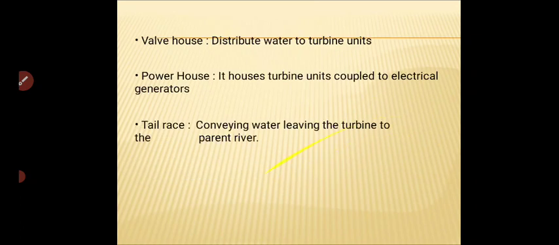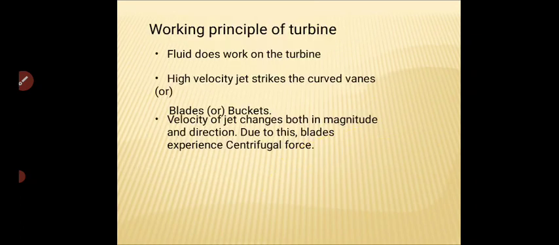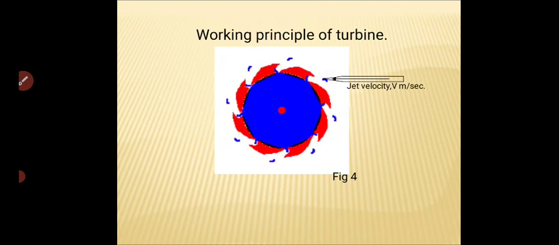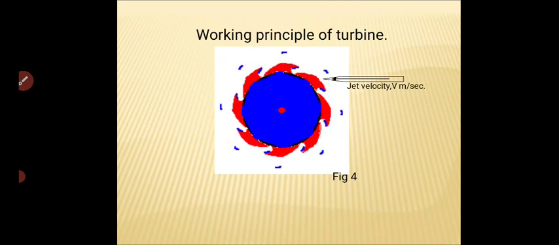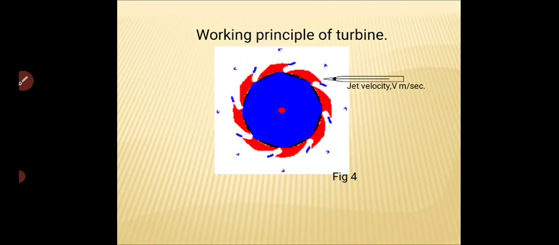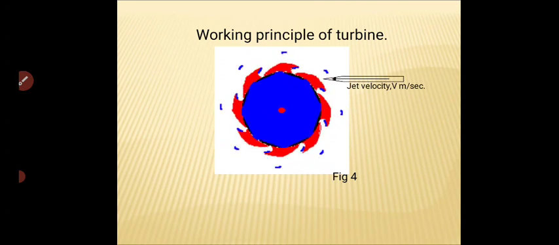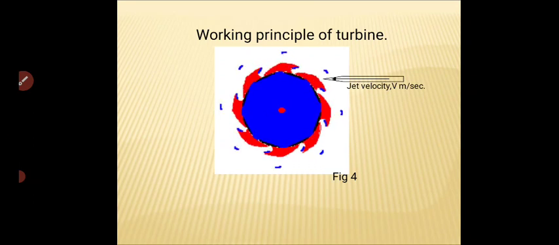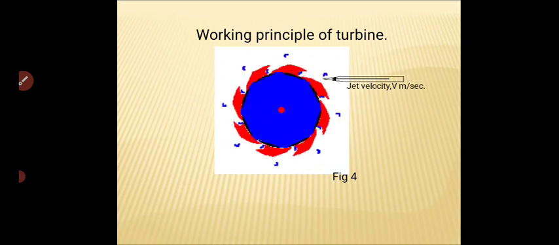And these all are the definitions, and this is the working principle. When the water impinges on the turbine blades, it will rotate by the effect of the momentum of the force. So the energy transfers to the rotor of the runner. So it will rotate and it is coupled to the generator.